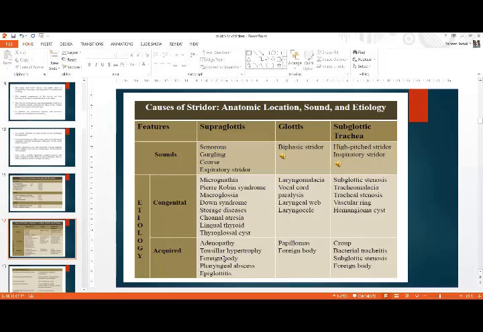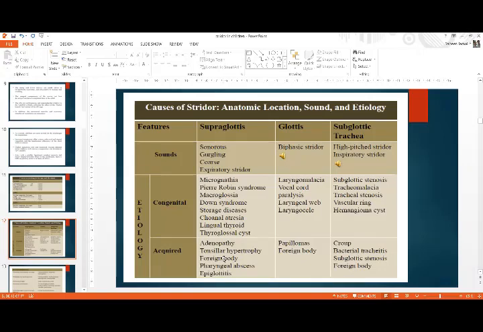And if the level of stridor is glottic, then the cause may be laryngomalacia, vocal cord paralysis, laryngeal web, laryngocele. If it is in the subglottic region, then it is due to subglottic stenosis, tracheomalacia, tracheal stenosis, vascular rings, hemangiomas.